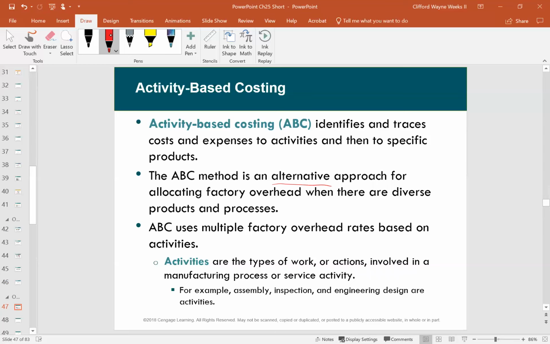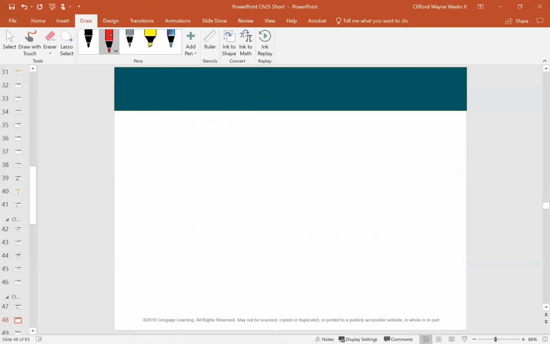In this example, they could use assembly, inspection, or engineering design as different examples. But I think a picture paints 1,000 words. In the past, we took all of factory overhead and just divided it by direct labor hours.